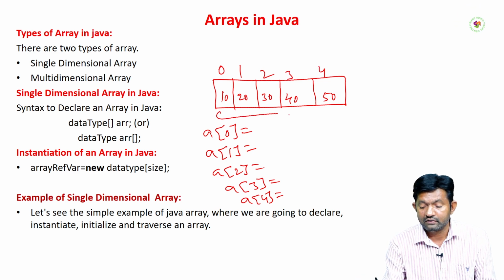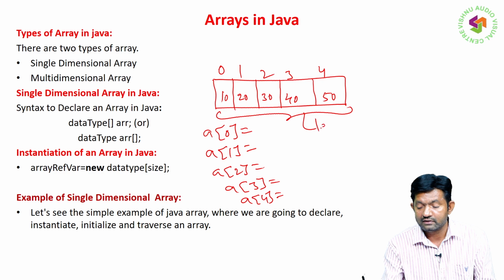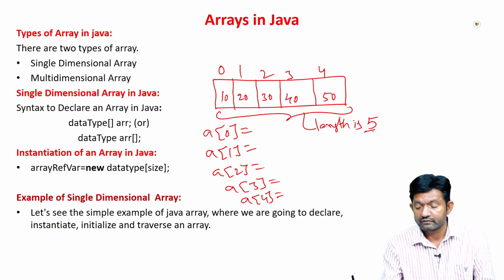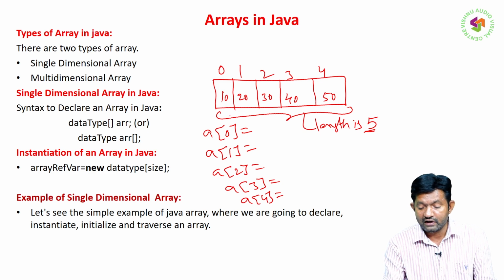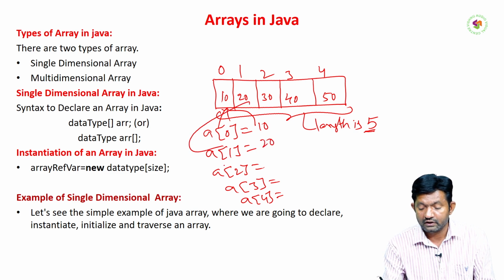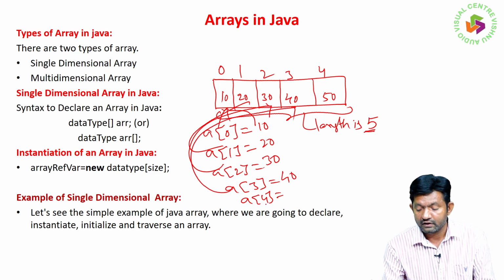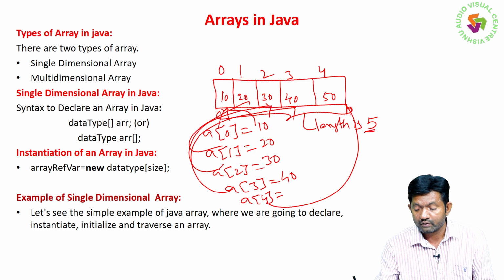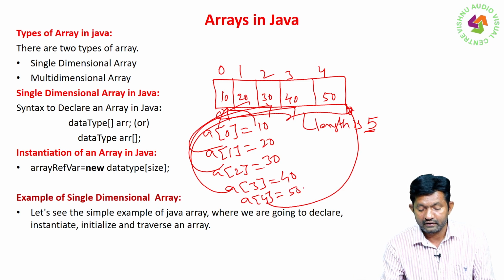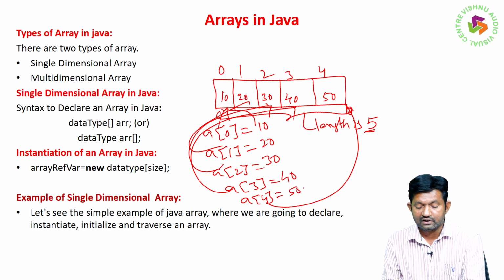So the length of the array is 5 elements. So a of 0 is 10, a of 1 is 20, a of 2 is 30, a of 3 is 40, and a of 4 is 50.